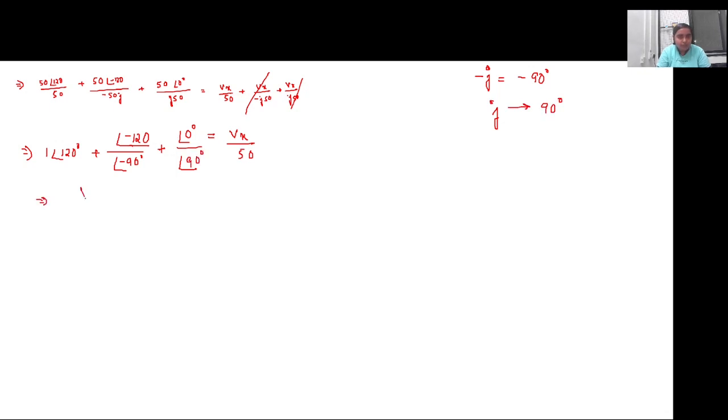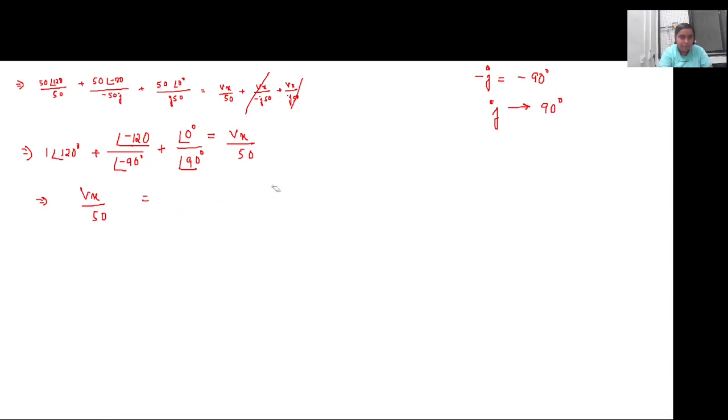So let's write Vx by 50 is equal to, now let's write in terms of a plus jy. So this can be expanded into cos of 120 degree plus j sine of 120 degree, right? So I will just write the values directly.